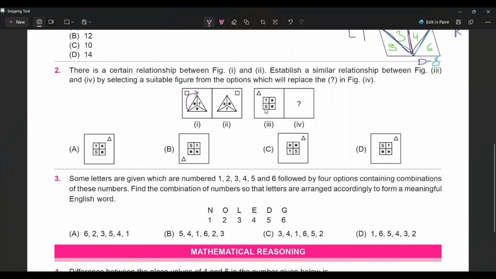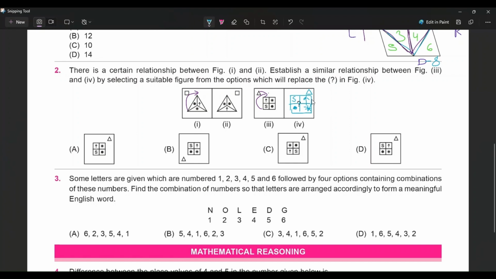So in the same way, if you rotate this square, triangle will come over here and the square changes as arrow goes over here, star comes down, circle goes here, solid circle, yes, will go up.